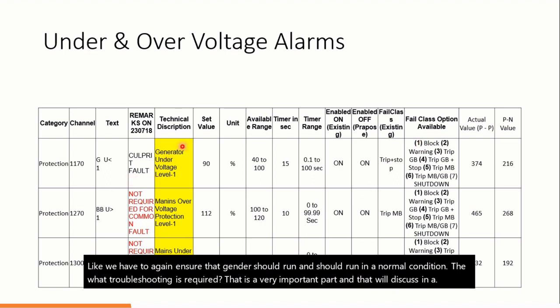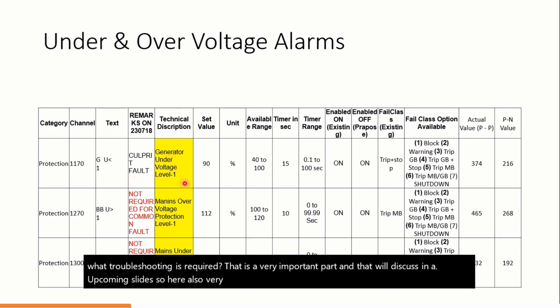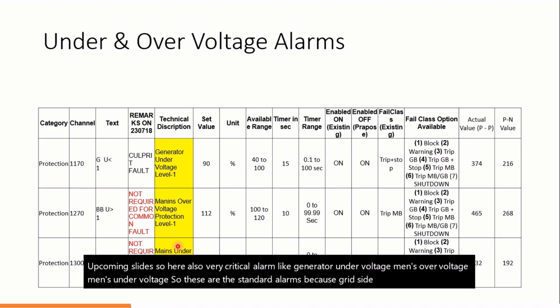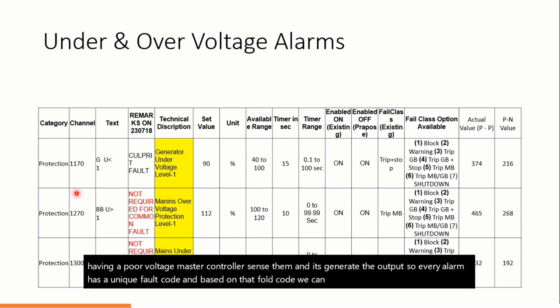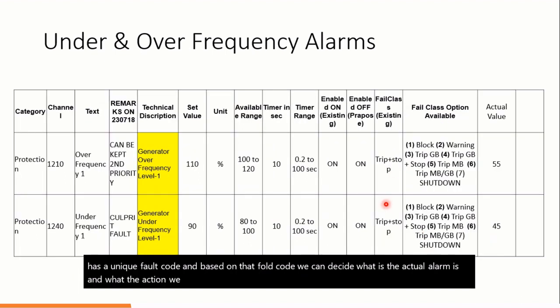Here also there are very critical alarms like generator under voltage, mains over voltage and mains under voltage. These are standard alarms, because on the grid side too, as soon as the grid has a poor voltage, the master controller sends them and generates the output. Every alarm has a unique fault code, and based on that fault code we can decide what the actual alarm is and what action we have decided.